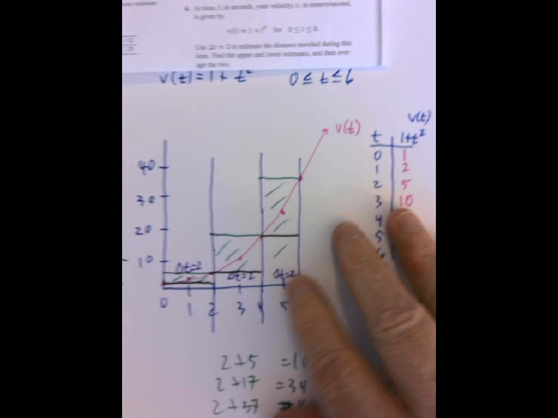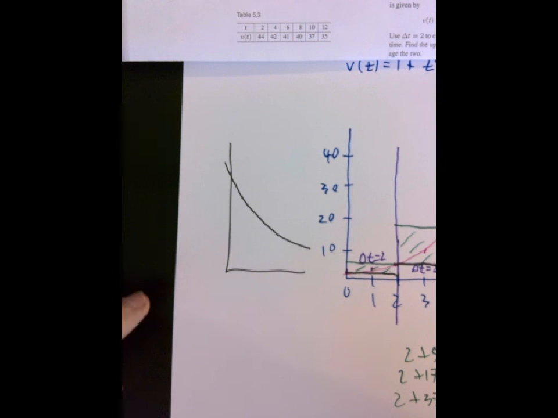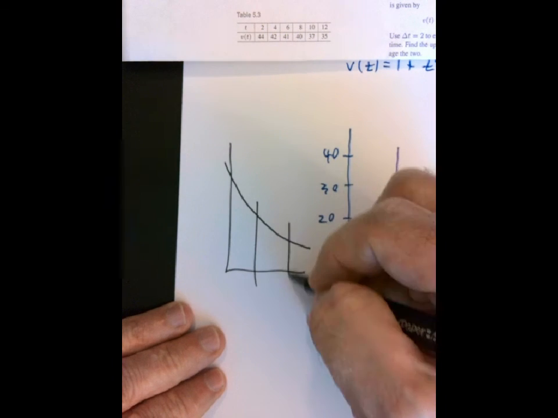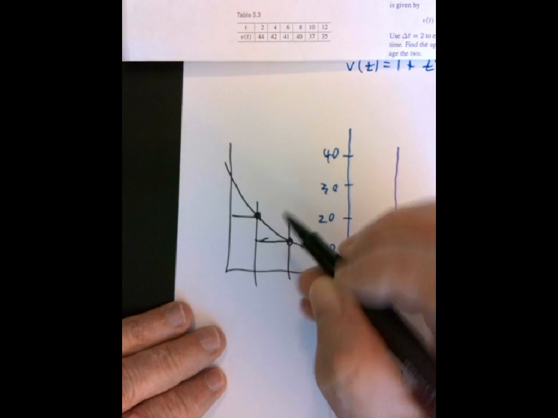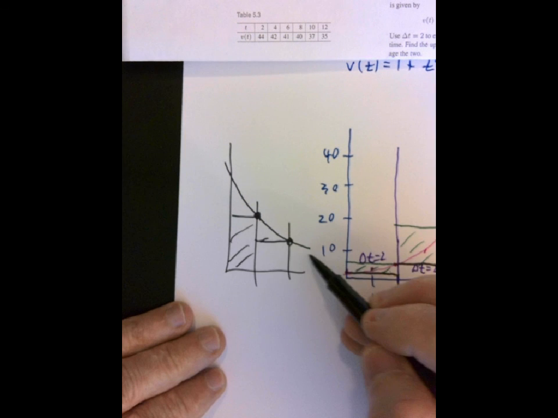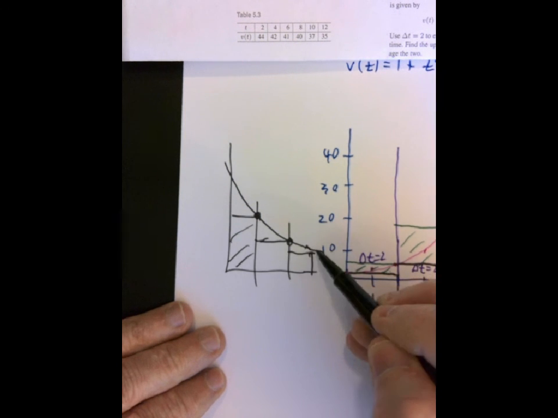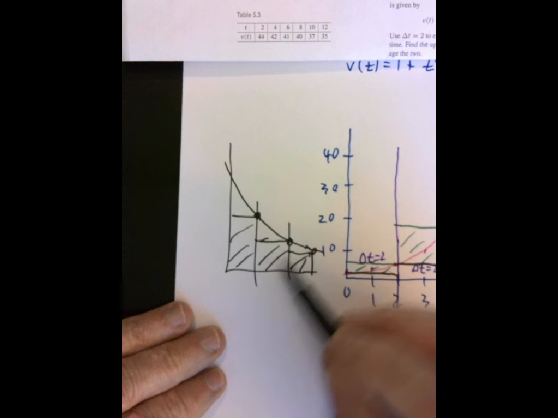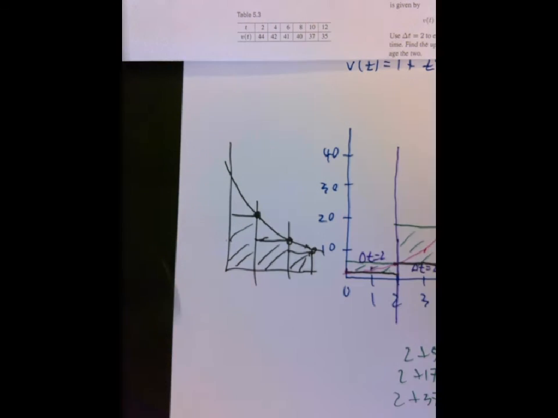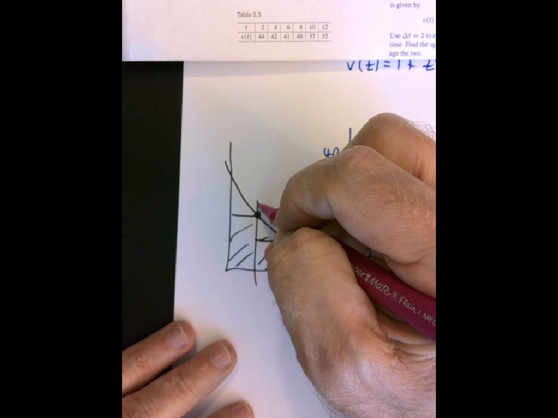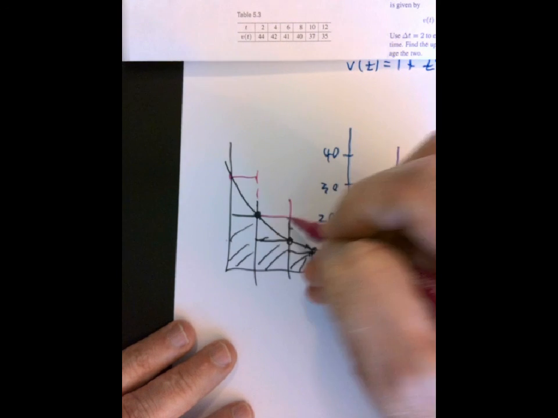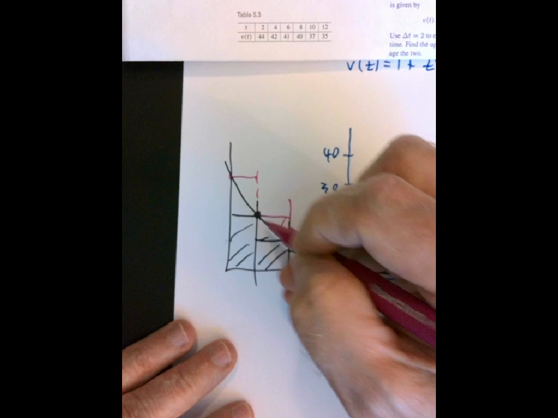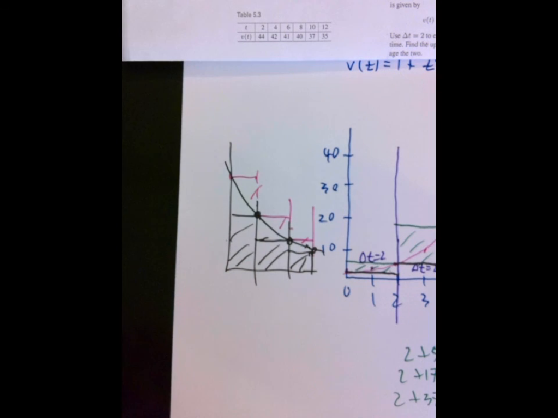If this were a decreasing function, like this, then the right-hand sum would be getting you the underestimate, and the left-hand sum would be getting the upper estimate, right?